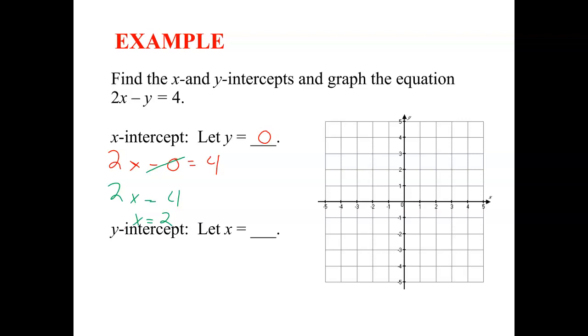So I know the x value of my x-intercept is 2. And if I want to write my ordered pair, x comma y, and I know the x value is 2, what was the y value? 0. That's what I determined in the beginning. I have my x-intercept. Okay?